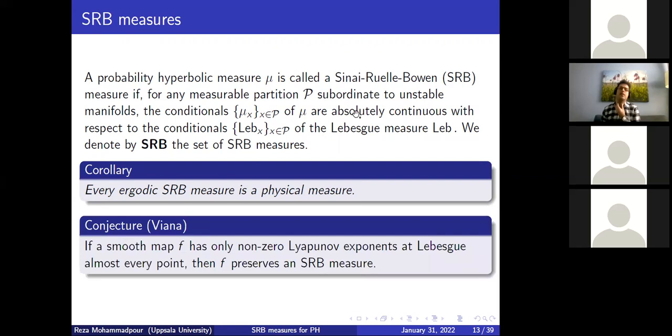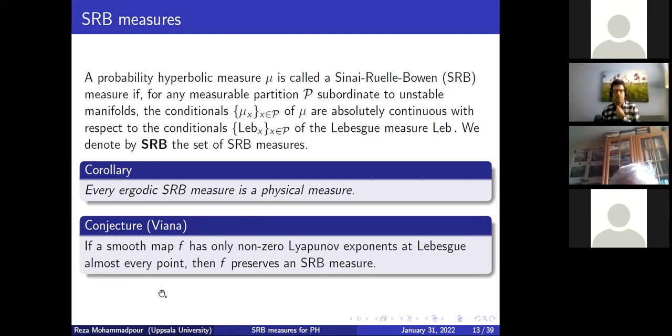And we have a long-standing conjecture by Viana. The conjecture states that if a smooth map f has only non-zero Lyapunov exponents at Lebesgue almost every point, then f preserves an SRB measure. Does smooth mean C1 or better? C1 plus epsilon at least; the expectation is C1 plus epsilon.